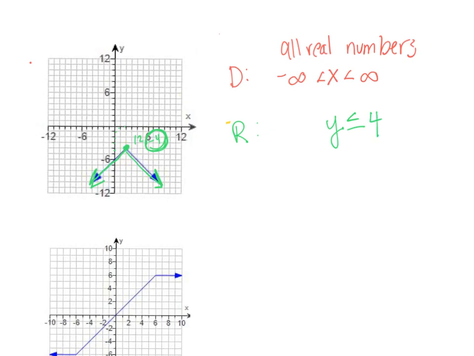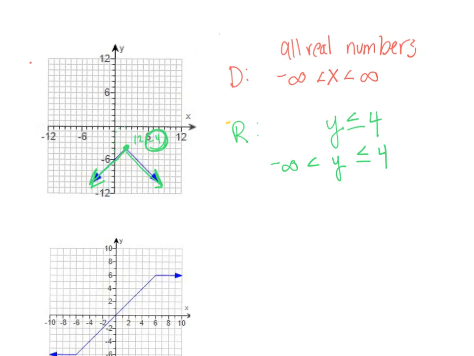That's one way of writing it. Another way might be to say that it's all numbers that are less than or equal to 4, and that it keeps going smaller and smaller and goes to negative infinity.